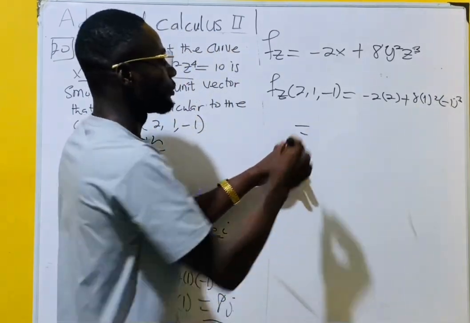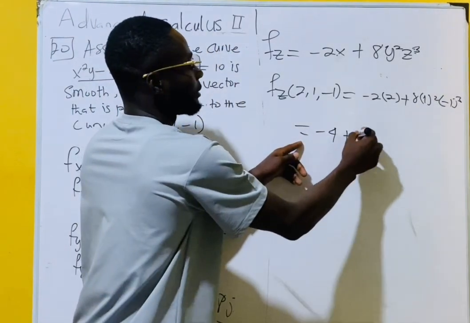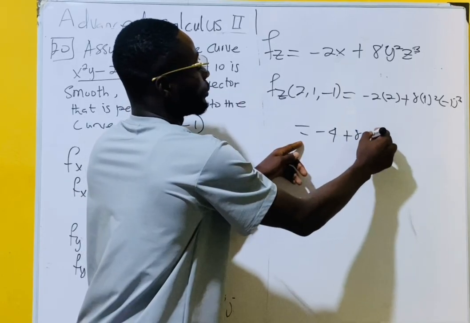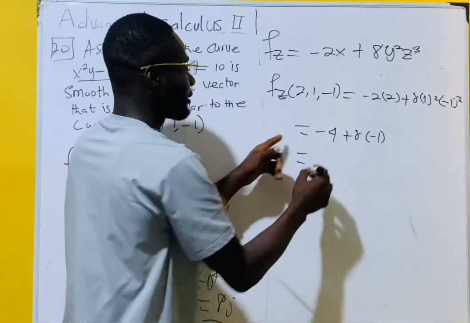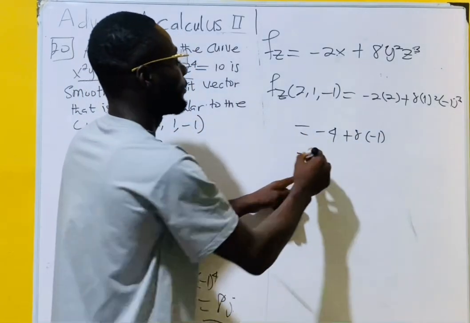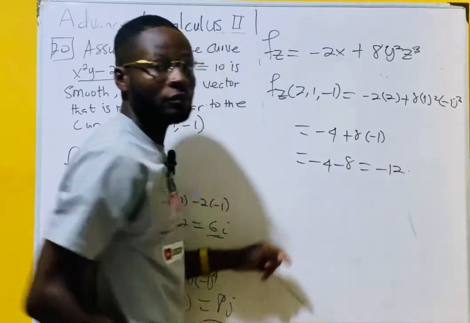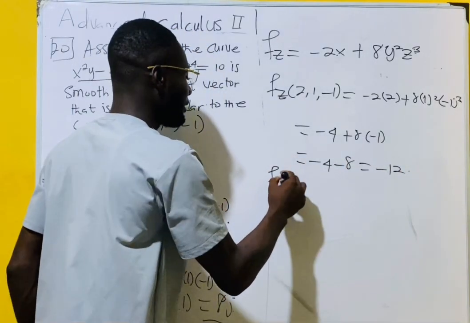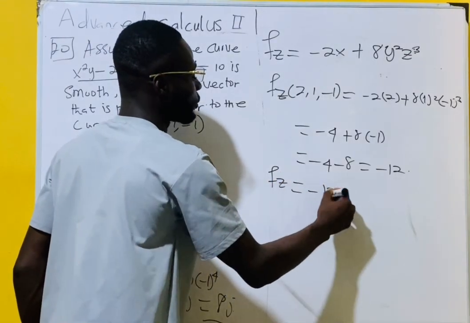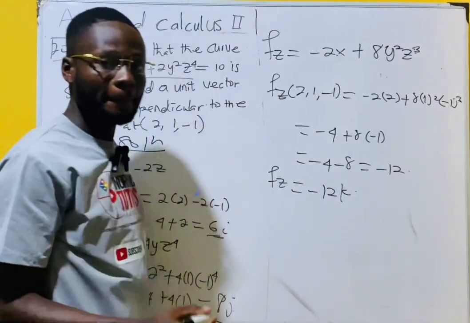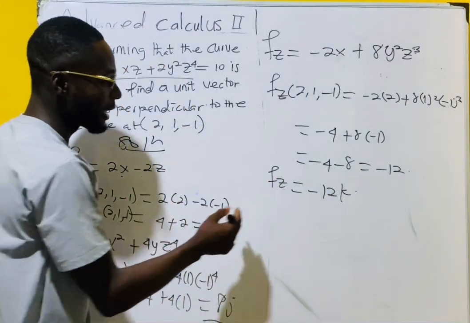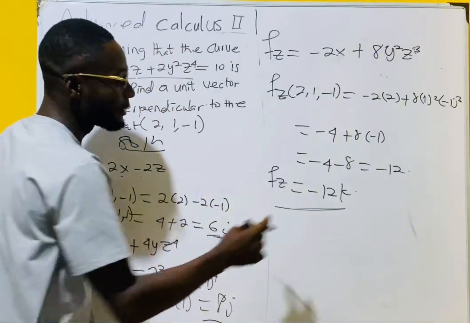So that will be equal to minus 4 plus 8 into minus 1. So that is minus 4 minus 8, which is equal to minus 12. So this means that fz is equal to minus 12k. Okay, so this is our gradient.